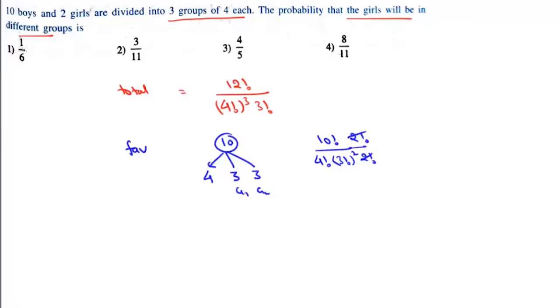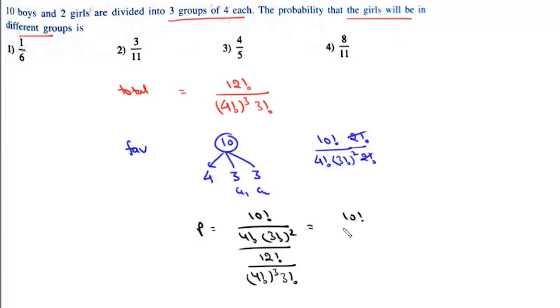So this required probability will be factorial 10 divided by factorial 4, factorial 3 square, upon factorial 12, factorial 4 cube and factorial 3. Now this is factorial 10, factorial 4, factorial 3, and here it is factorial 12, and this is factorial 4, factorial 4, factorial 4 and this is factorial 3.